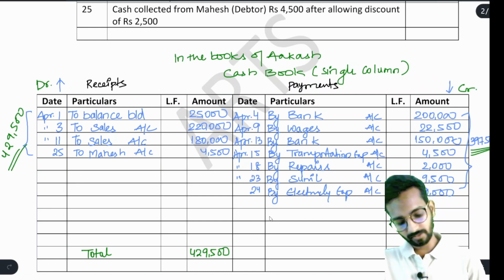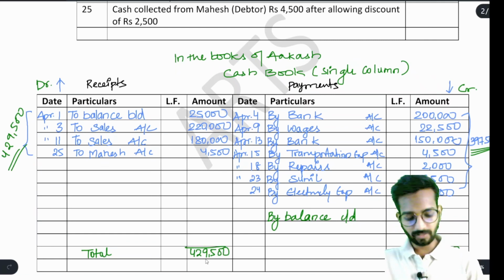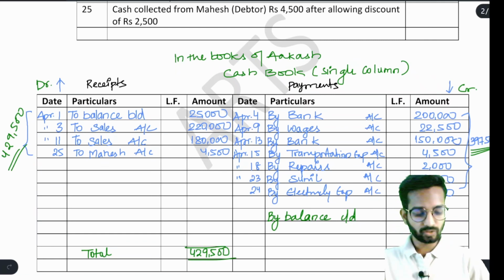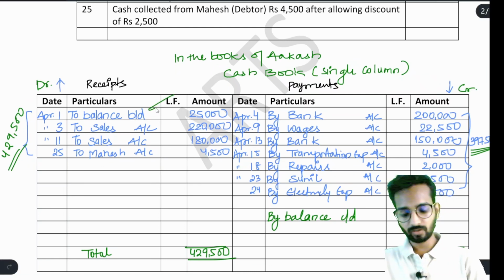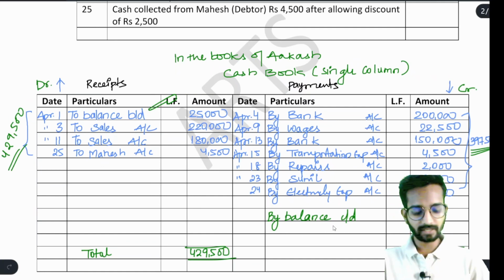So you will write here by balance carried down. See, this total will remain this only. But credit side also I want the total of 4,29,500 only. Whichever is the higher total, write on the both sides. Here it is coming opening balance. Now we are writing here the closing balance.